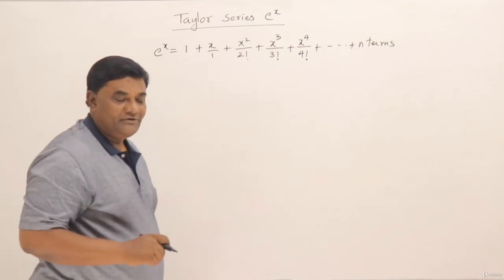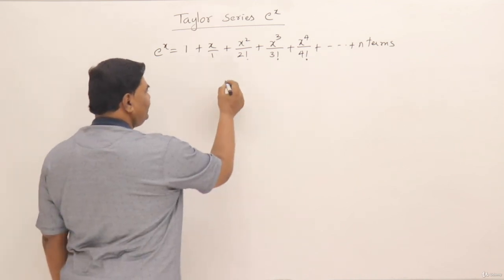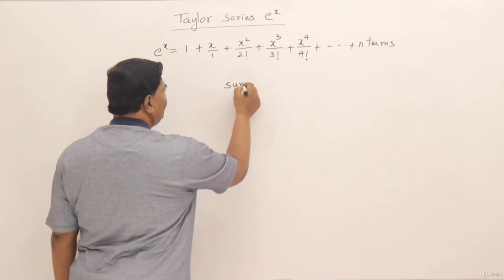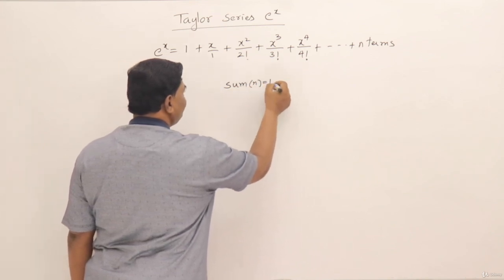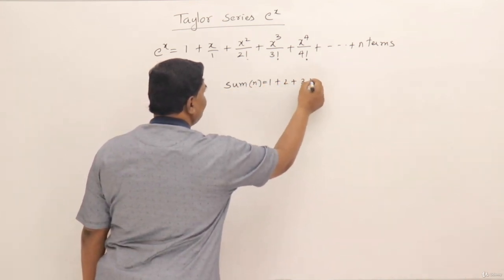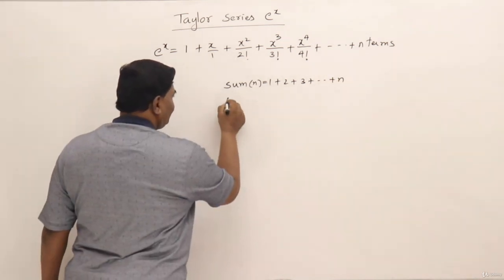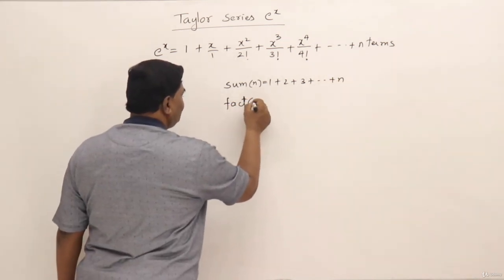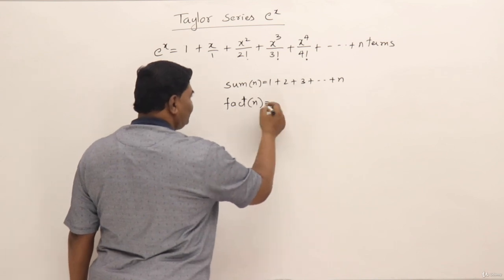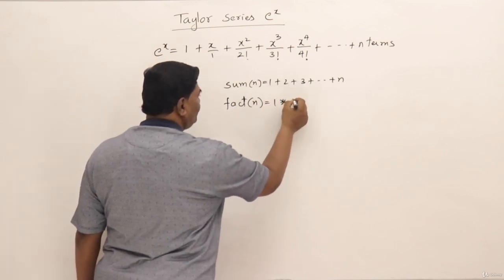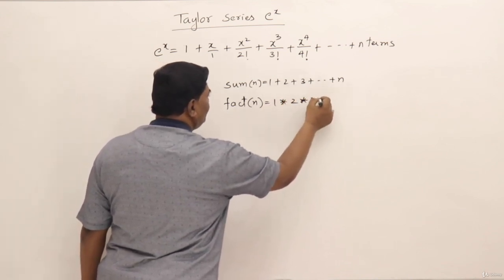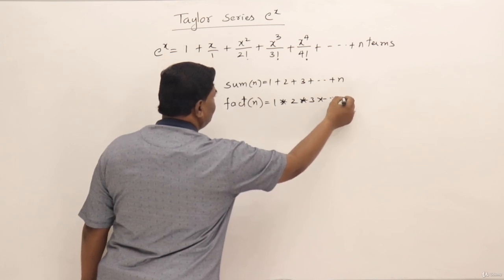In our previous videos, we have already written recursive functions for the sum of first n natural numbers, that is 1, 2, 3 going on to n. We have also written a function for finding the factorial of n, that was 1 into 2 into 3 going on to n.